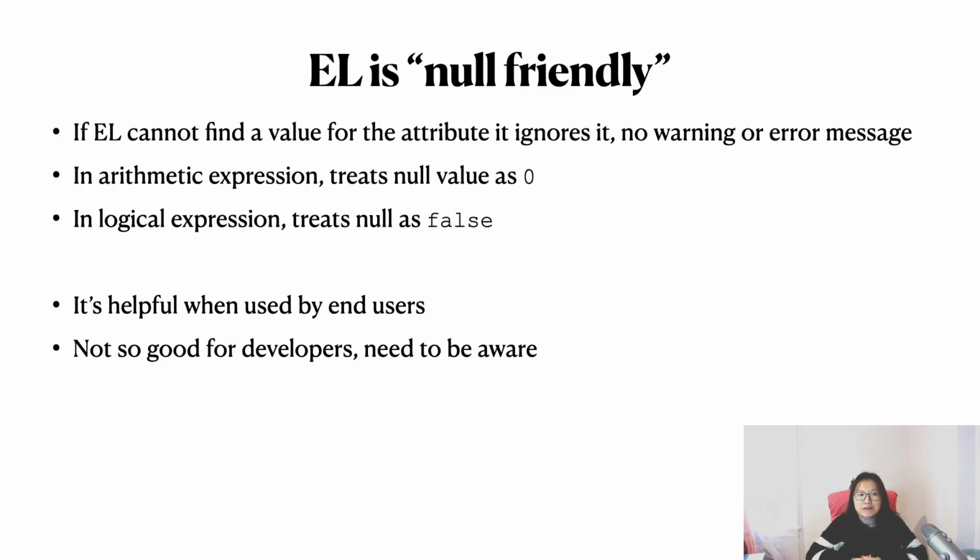If expression language cannot find a value for the attribute, it just ignores it. No warning, no error sign, no exception being thrown. Also, in an arithmetic expression, it will treat null as 0, and in a logical expression, it will treat null as false.